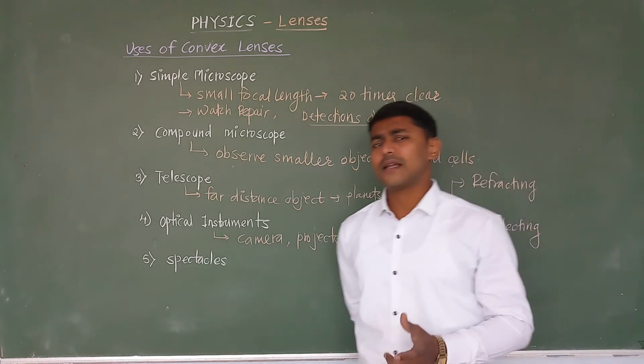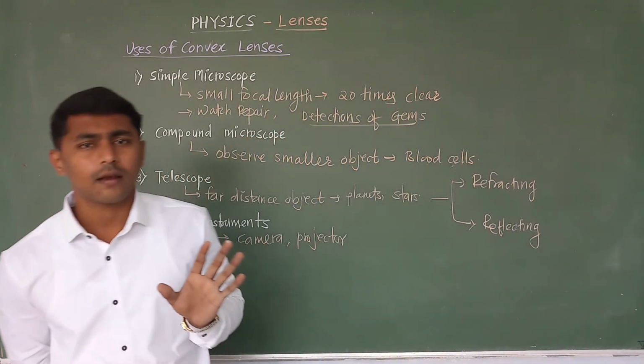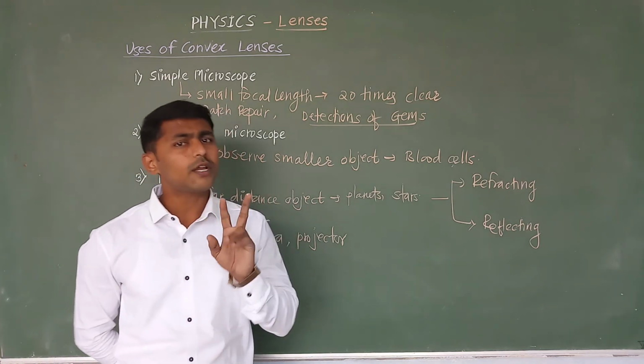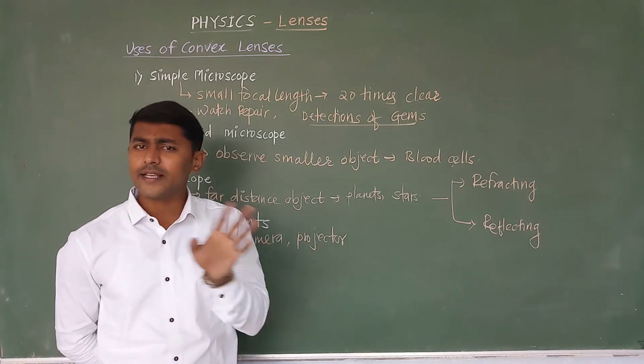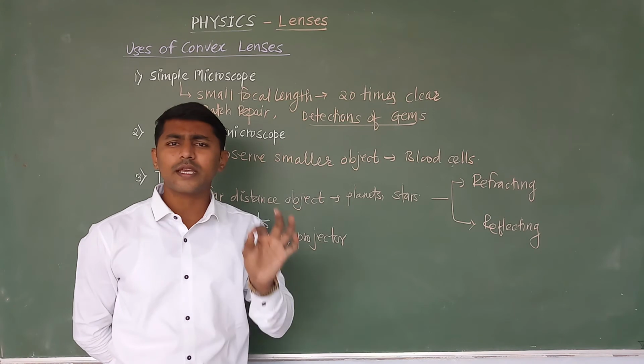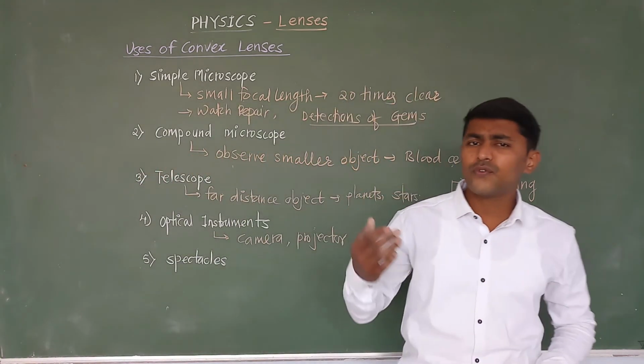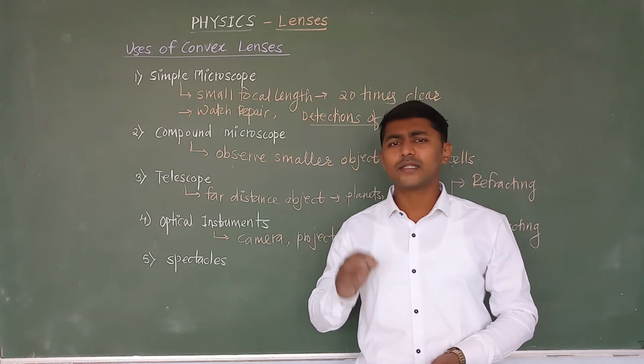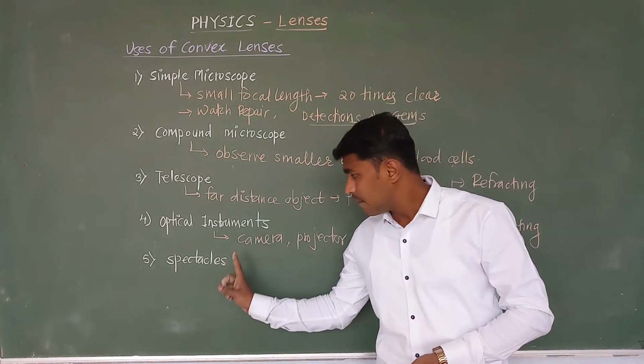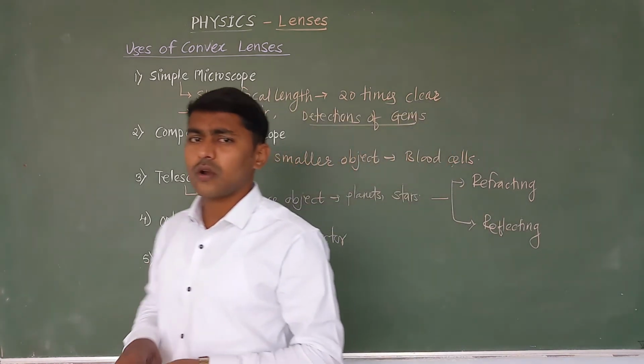Now the last but not least is spectacles. There are two types of defects, nearsightedness and farsightedness. We have seen a concave lens can be used for the correction of nearsightedness. But what about the convex lens?